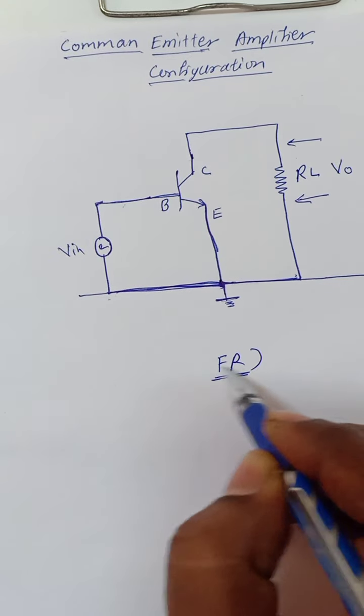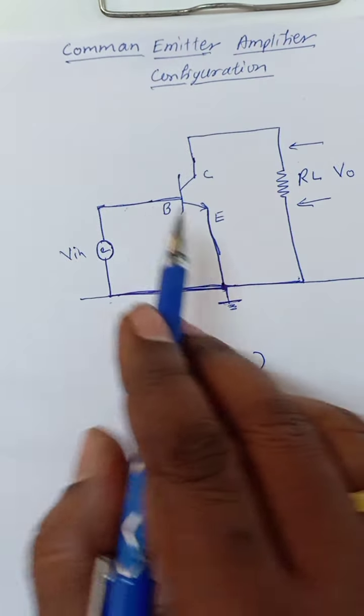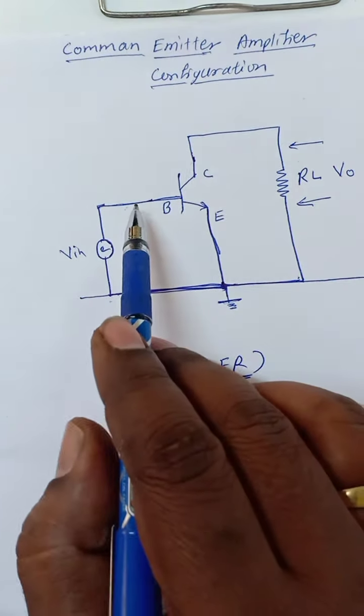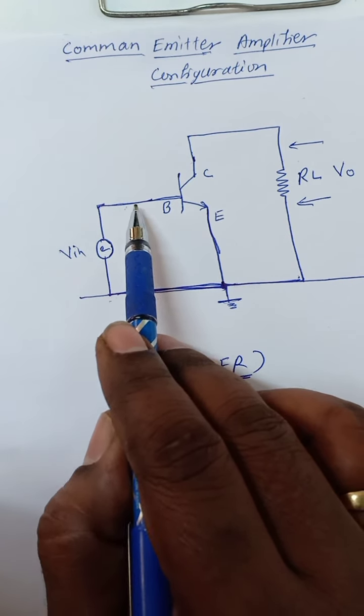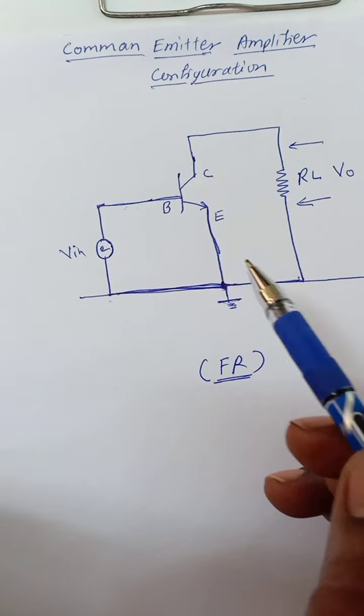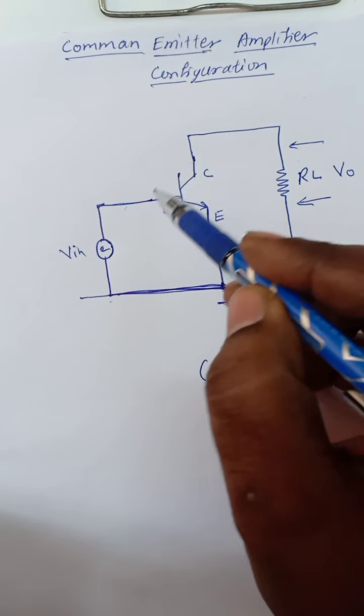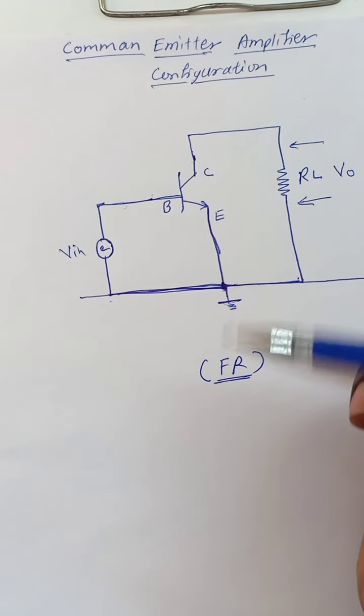It means applying the DC voltage in such a way that the base to emitter junction becomes forward bias and the base to collector junction becomes reverse bias.